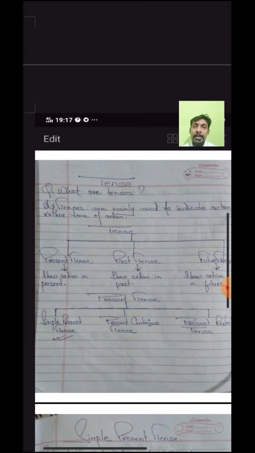So now here, in this particular page, I have made a simple diagram in order to make you understand what we learned till now. I have written what are tenses. The answer that I have written is tenses are mainly used to indicate action, or rather time of action.